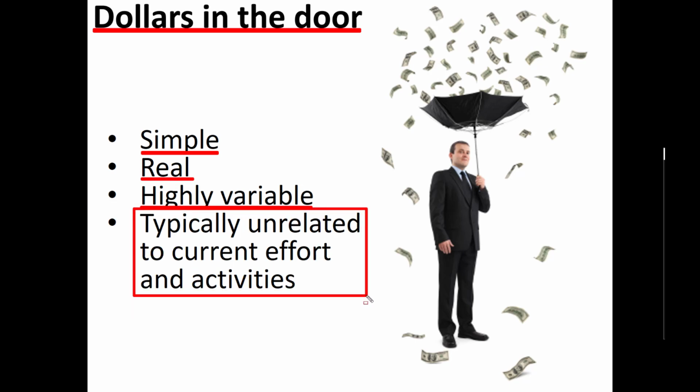Why? Because it's unrelated to behavior. At least it's unrelated to current behavior, right? So what happens this year, how closely connected is that going to be to fundraising efforts that we're engaged in this year? Probably not real closely connected, okay?